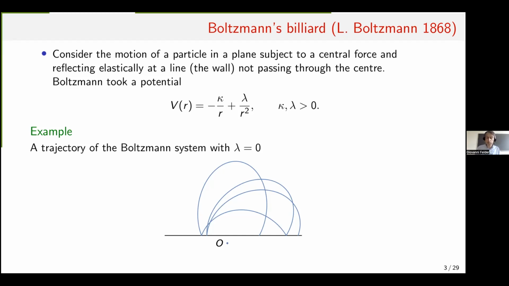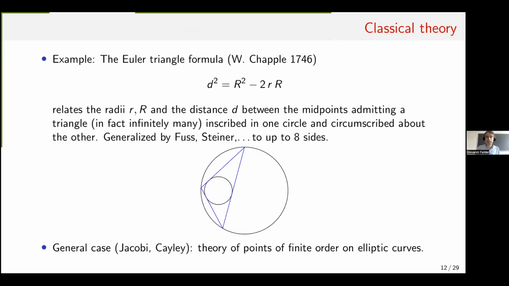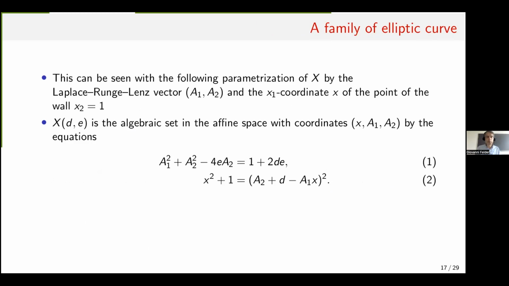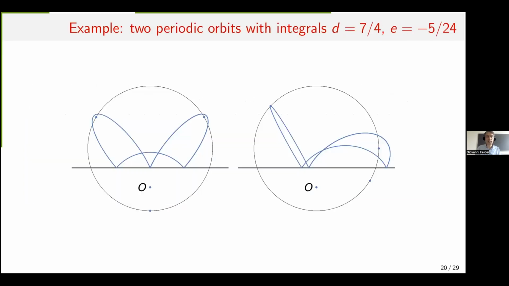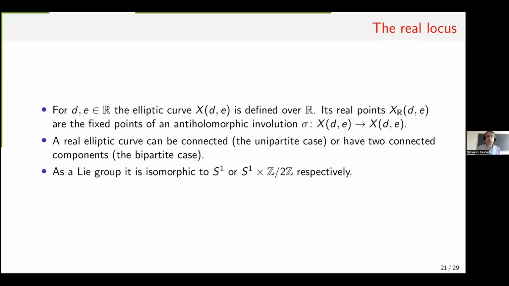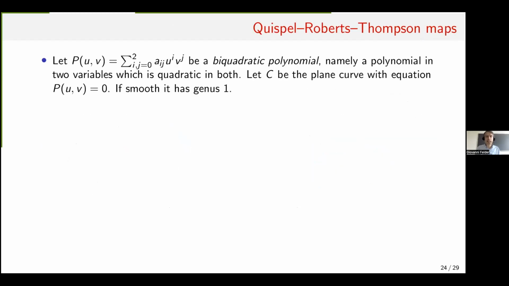Okay, so now let me talk about a more general class. The Poncelet problem and this Boltzmann system turn out to be special cases of, or can be recast in, a more general class of systems, which are called Quispel-Roberts-Thompson maps, QRT maps.